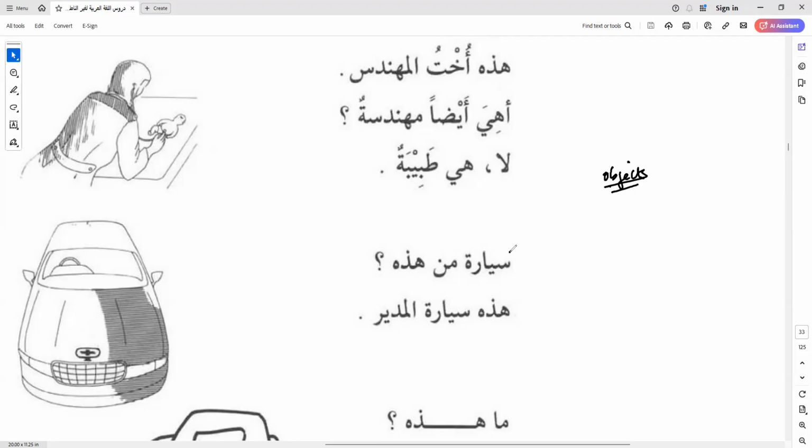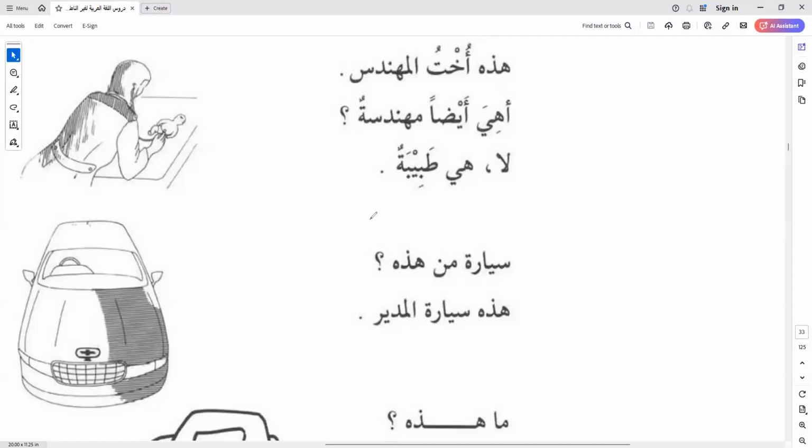For instance, sayyaratu man hadihi. Whose car is this? سيارة من هذه؟ Whose car is this?